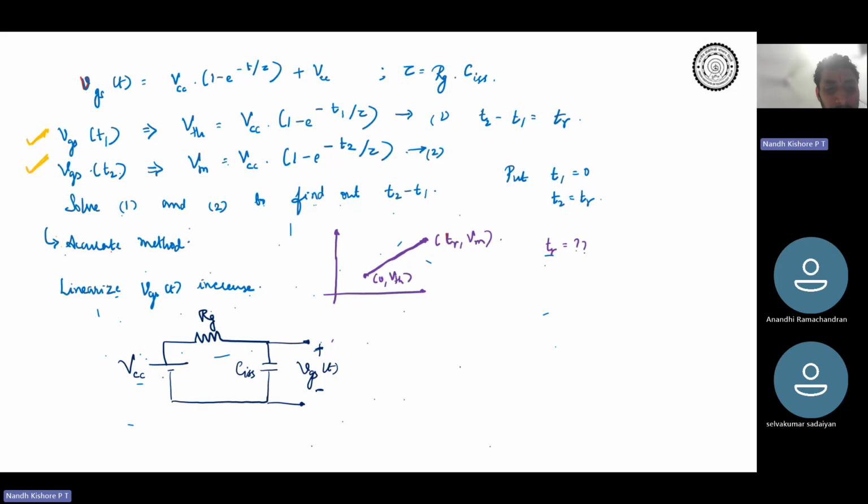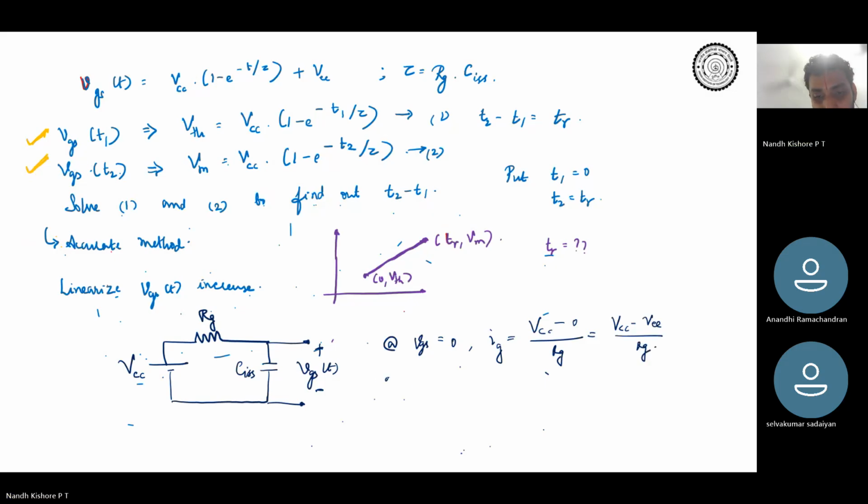Can you tell, at VGS equal to 0 volts, we know that your IG is going to be VCC minus 0 by RG, or VCC minus VEE by RG, right?